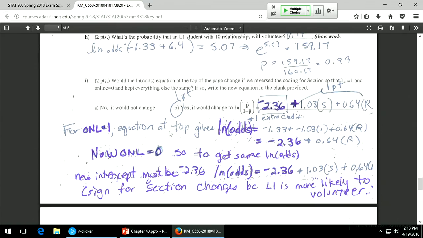So it was very similar to what we did with binary equations before, without the log. We did this with switching the coding in regular regression. I'm not sure what percent got it, but I thought it was a hard problem, so I put 1 point extra credit there.